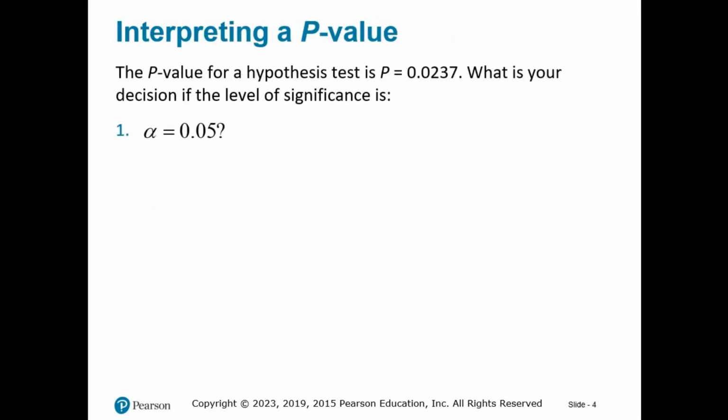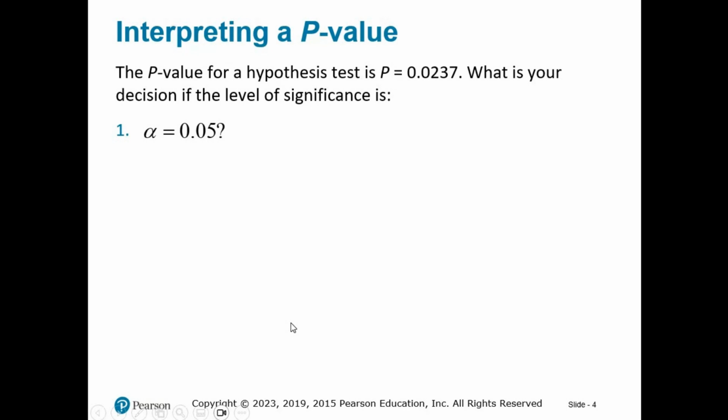The p-value for a hypothesis test is p equals 0.0237. What is your decision if the level of significance is number 1, alpha equals 0.05? Think about this. Alpha is 0.05 or 5%. So that's what we're comparing to. That's our outer bounds, our low number we're comparing against.